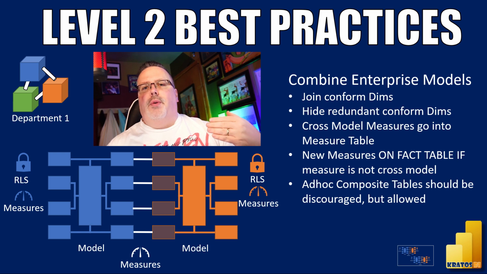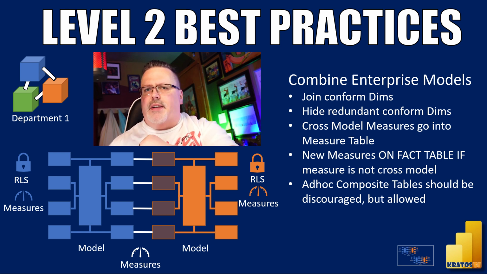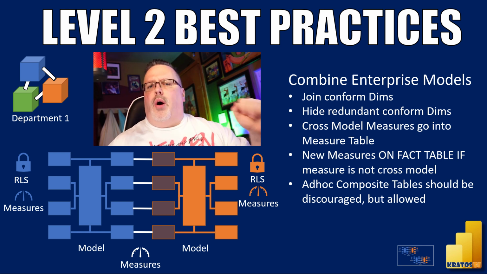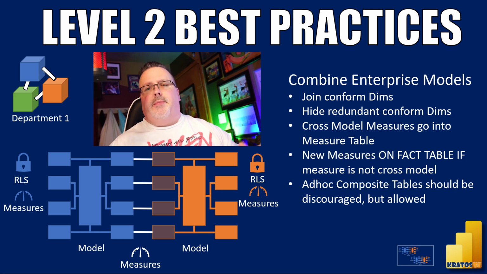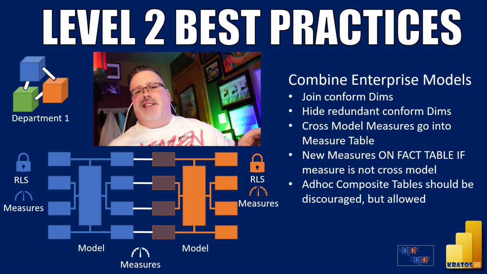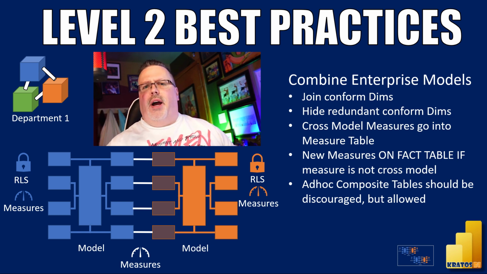Make sure that when you build out your measures, and I think I might have forgot to mention this in point 1, all measures should go in the fact table. I know it was a best case and best practice to put all measures in a measures table. That got nixed. Thank you, Mr. Russo, for pointing out how and why we need to keep them on the fact tables, but that's becoming increasingly important here in these composite models.